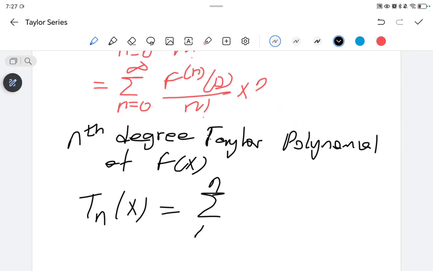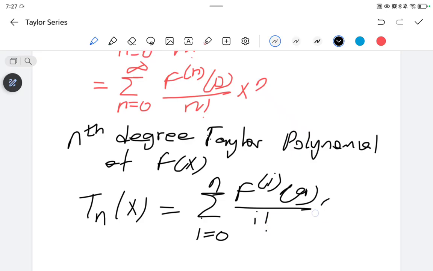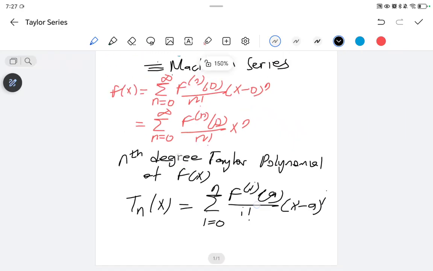So we can have this as i equals 0, then we have f to the i of a over i factorial, then we have x minus a to the i.